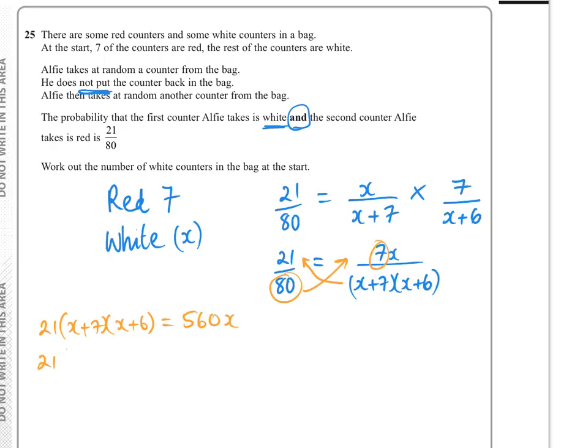Then multiply, I'm going to use a square bracket here, would have x squared plus 13x plus 42 equals 560x, which would give us 21x squared minus 287x plus 882. That would be on that side, and I'd have naught on this side here. Now obviously you can do more steps than that, you don't have to do it literally in one step.